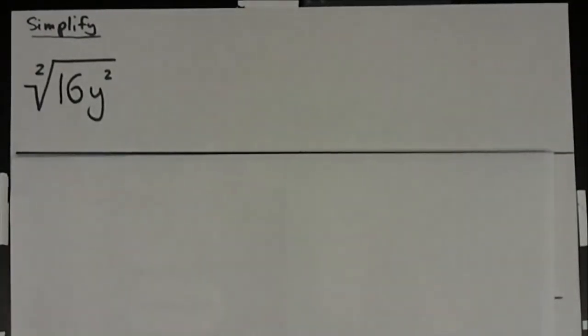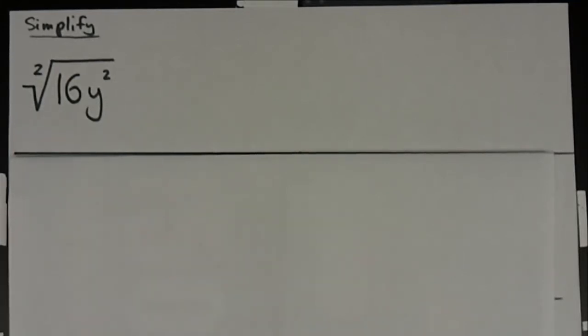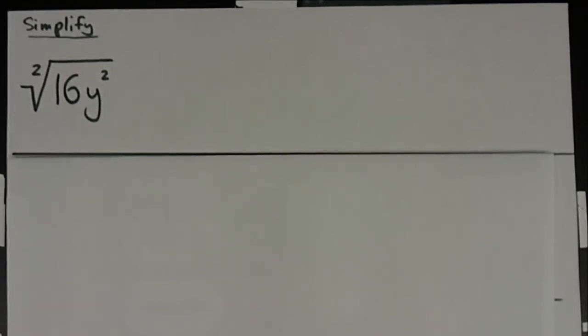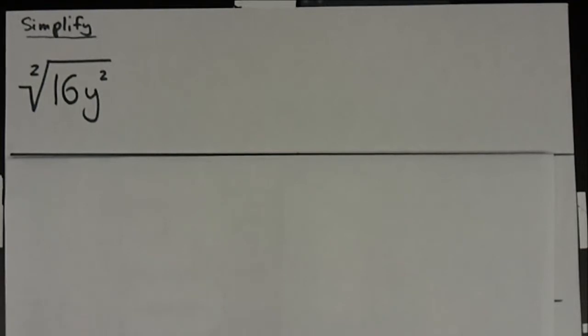Now let's take a look at something that's a little bit more complex. A lot of times you'll have multiple things underneath the same radical, which really shouldn't stress you out. What I like to do whenever I see a problem like this, where I have, in this case, two different things underneath the radical, is to break them up and separate them.